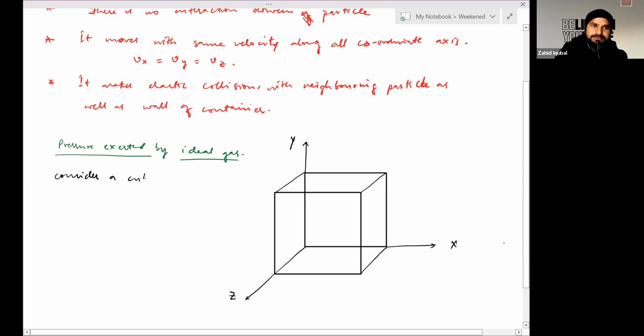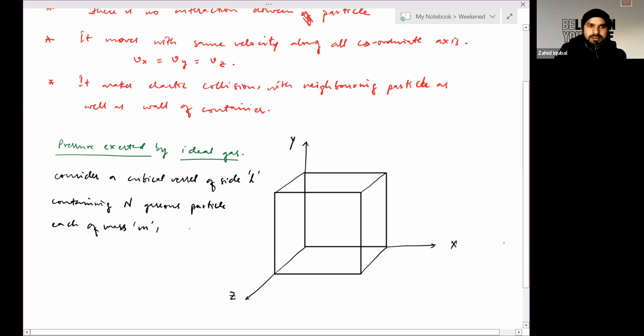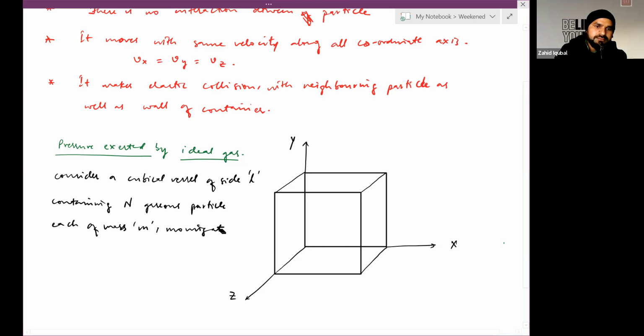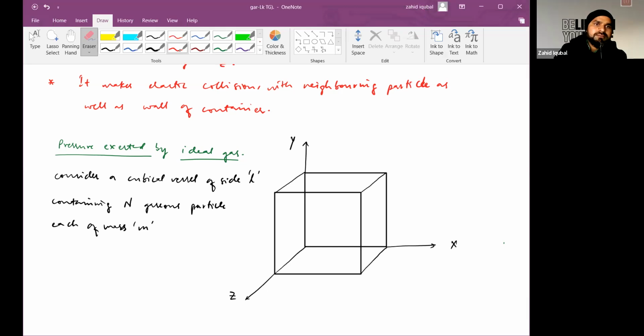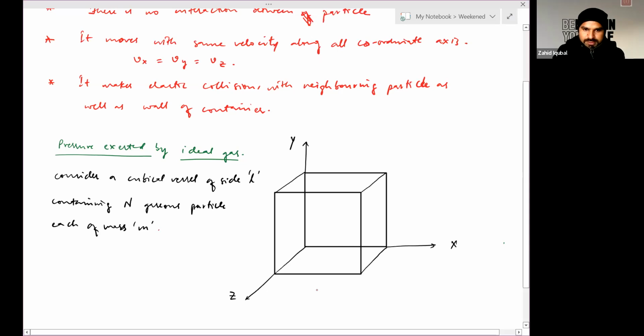Consider a cubical vessel of side L containing gaseous particles, each of mass m.